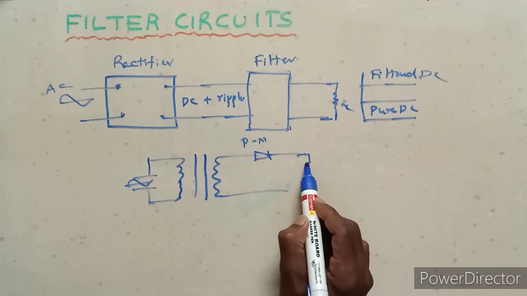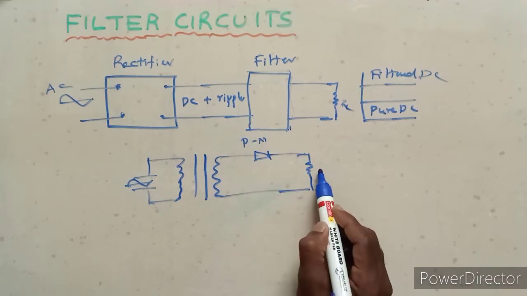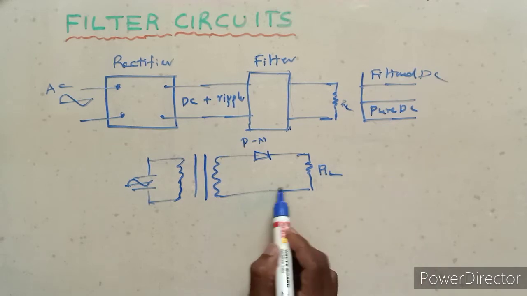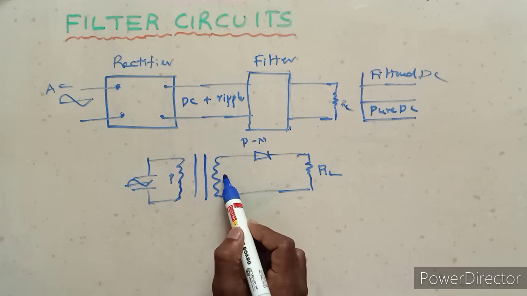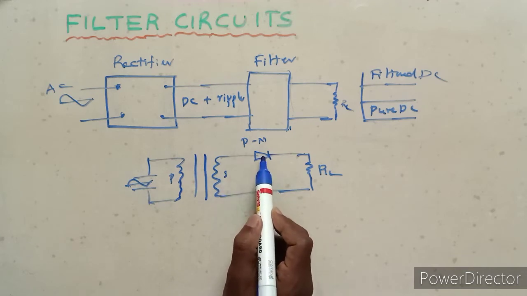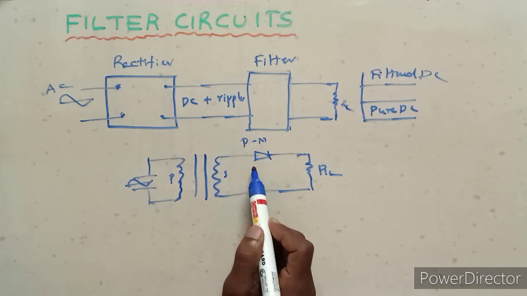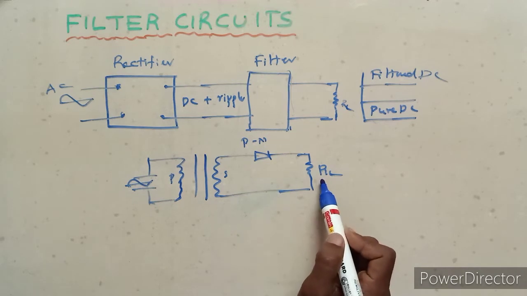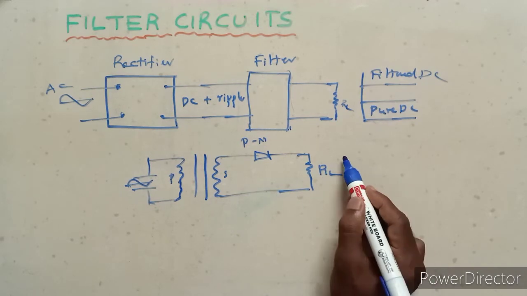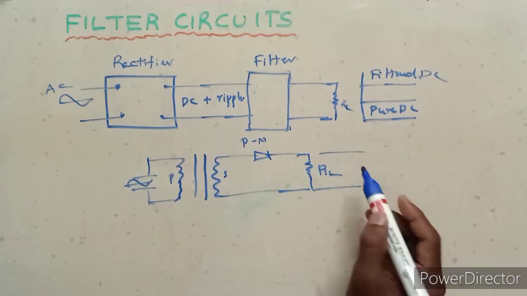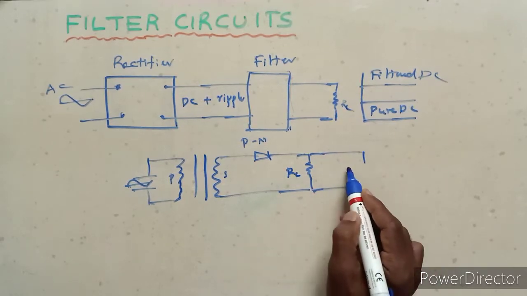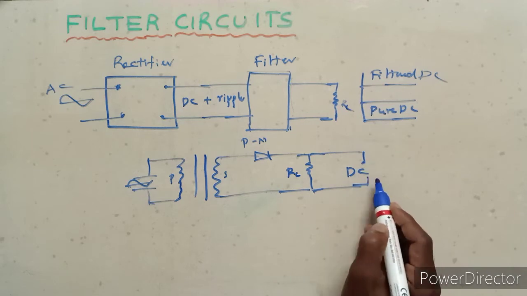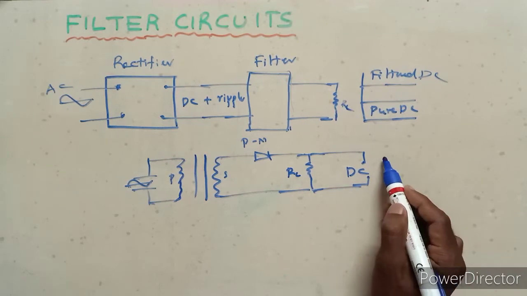This is the load resistance. So these two are connected to the load resistance. Then the output is DC. This is the RL. Then this DC is the pulsating DC.